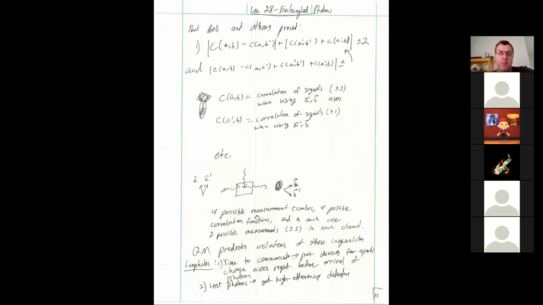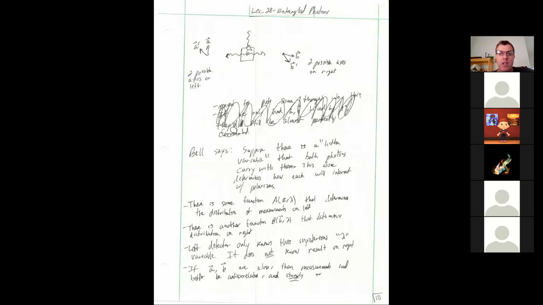Like in the original Aspect experiment, they didn't play around with the timing. They just chose some axes, did a bunch of measurements, then chose a different pair of axes, did a bunch of measurements. But you could always say, hey, maybe the photons kind of knew in advance. You know, none of these polarizers had rotated. So maybe there's some mysterious interaction going on where, before leaving the crystal, the photons receive information on what's happening here.